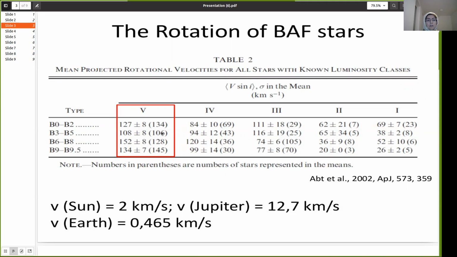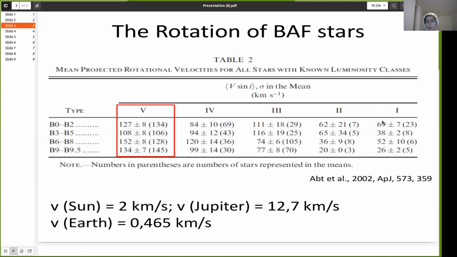In here, we have the rotation velocity for B-type stars from B0 to B9.5. And these numbers in the parentheses are the number of the stars. And also in here, for the upper main sequence stars, you see how the rotation is.